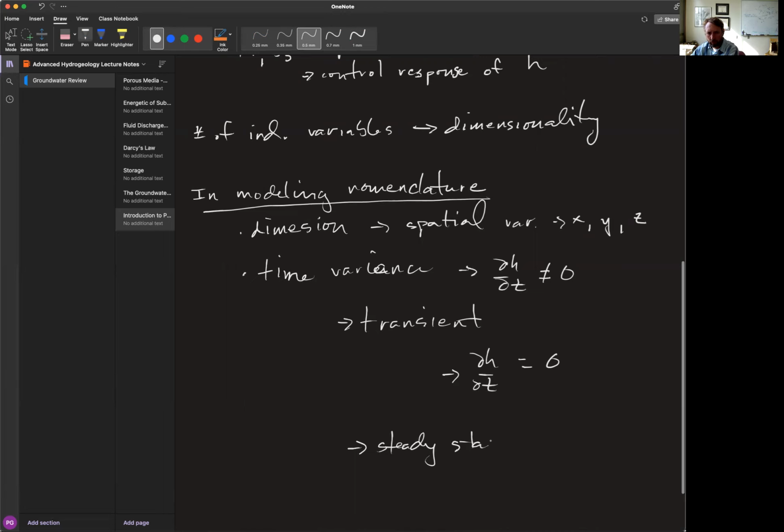All right, so just in the nomenclature, we tend to break up the time derivative and the x, y, and z derivatives. And so if there is time variance, if dH dt is allowed to change, then we're in a transient. If dH dt is specified to be 0, so the head is steady all the time, then we're in steady state.